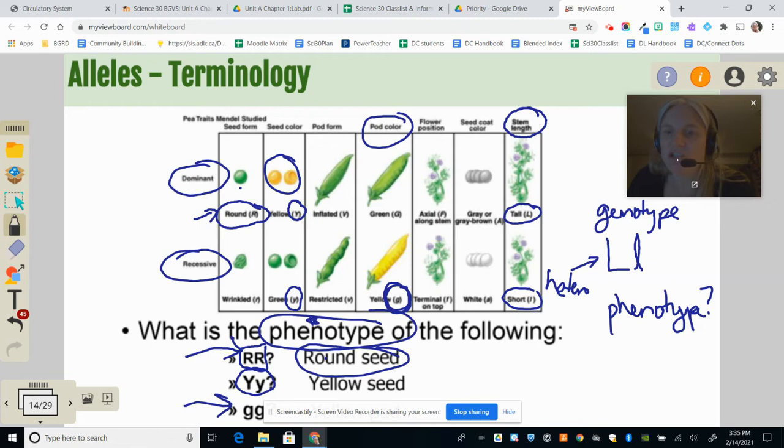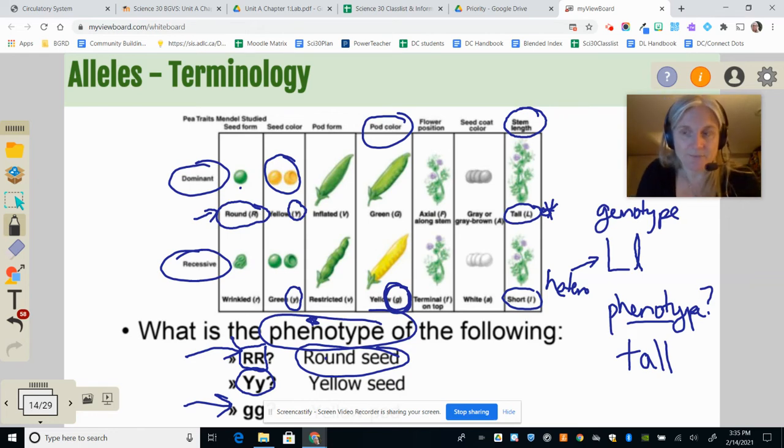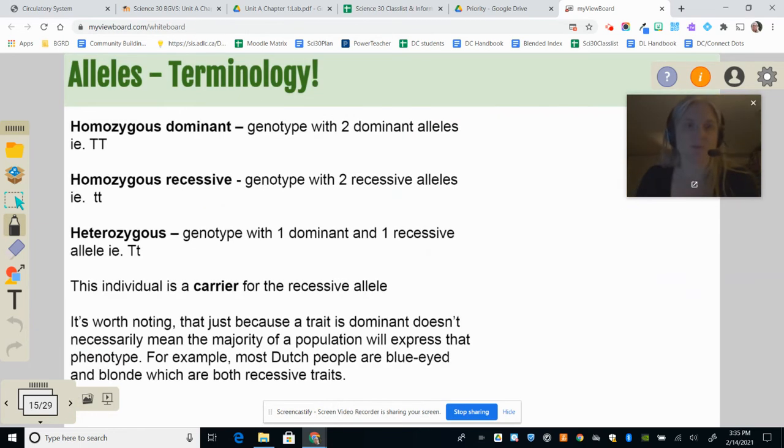Because we have one of each allele, the dominant one is going to overpower. So our plant phenotype is tall. And that's all we need for phenotype. Okay, so what does the plant look like if we tell you the genotype? If we tell you what the genotype alleles are, you tell me what the phenotype is, what it's going to look like. All right, let's do some more.